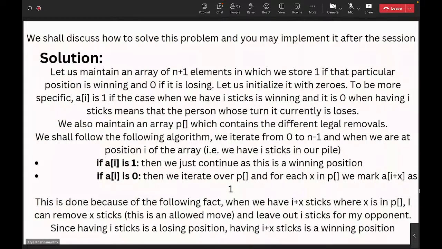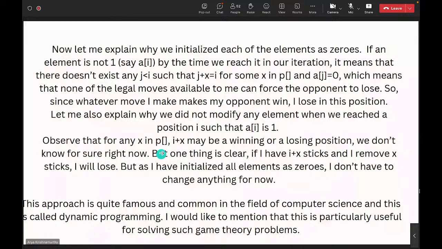Now I'll explain why we initialized each of the elements as zeros. This may seem a little bit silly, but I would like to make things as clear as possible. Here's the reasoning. If an element is not 1 by the time we reach it in our iteration, it means that there does not exist any j less than I such that j plus x equals I for some x in the set of allowed moves P, with A of j being 0. This means that none of the legal moves available from I lead to a losing position.